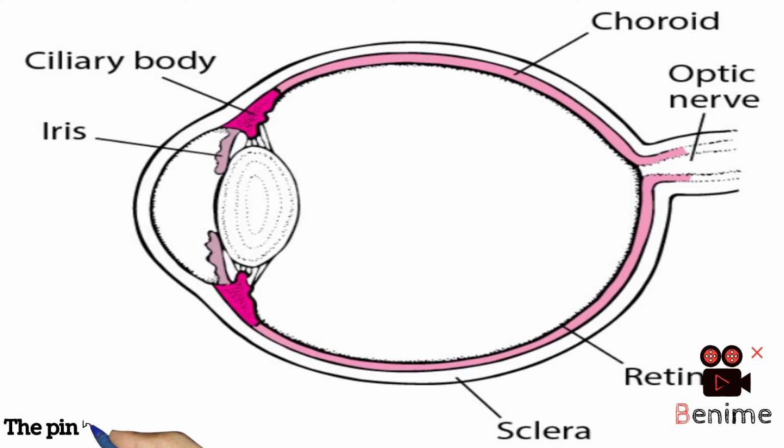However, the major structure that produces the aqueous humor is the ciliary body. So that is the function of the ciliary body, formation of aqueous humor. Okay, while the iris mostly is the major organ in accommodation.